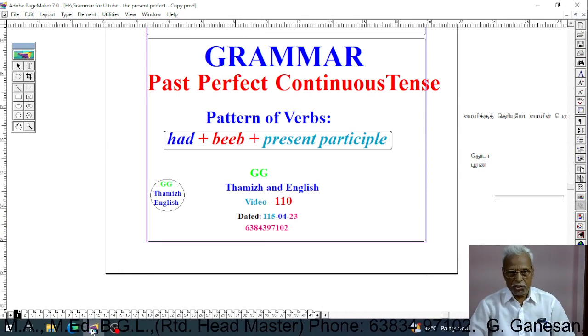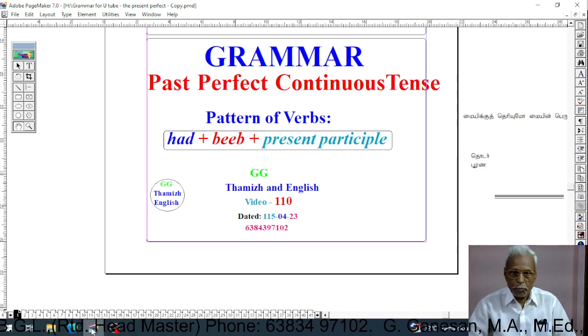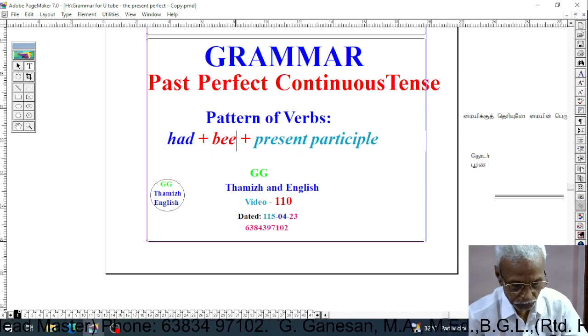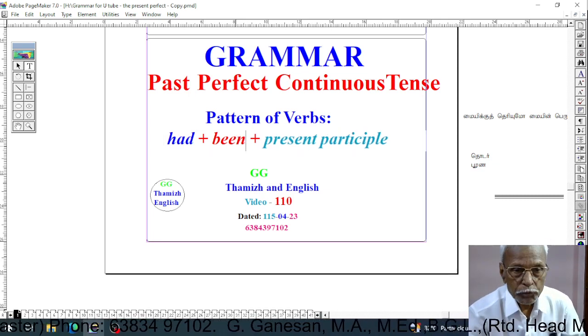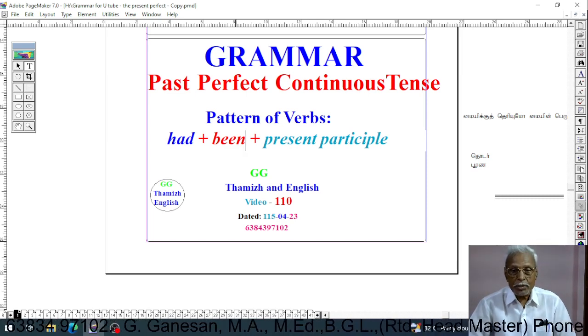Past perfect continuous tense, pattern of verbs: had plus been plus present participle.